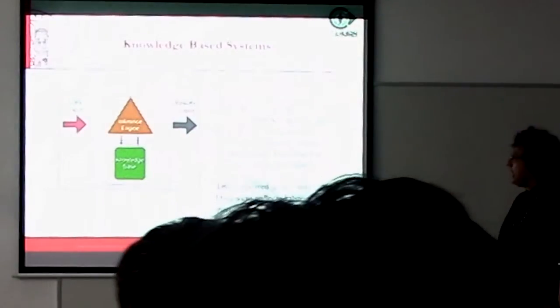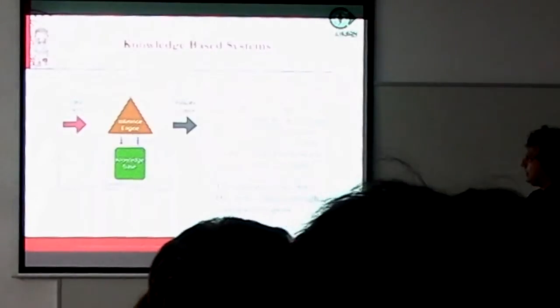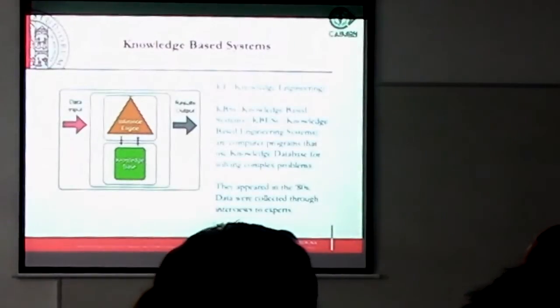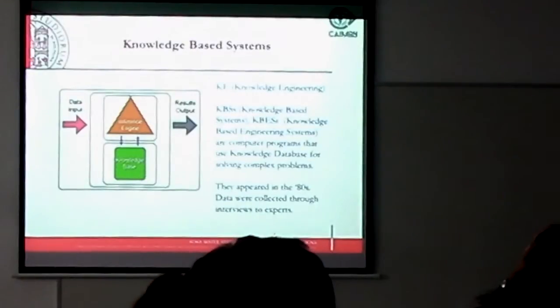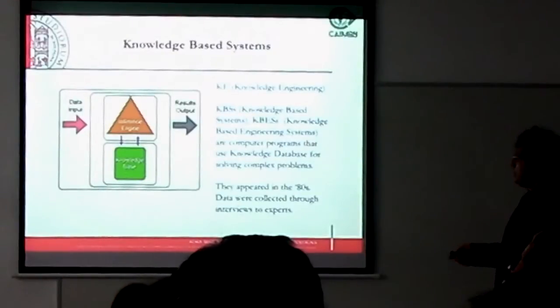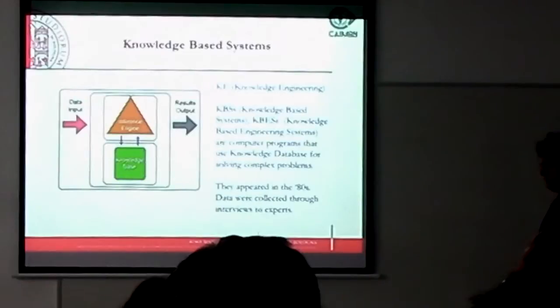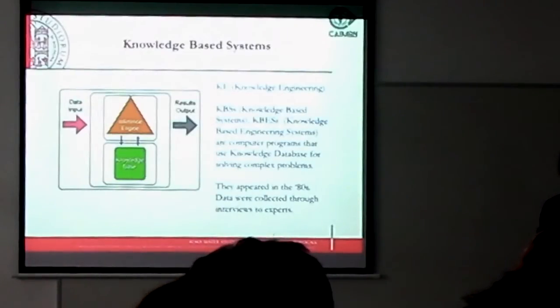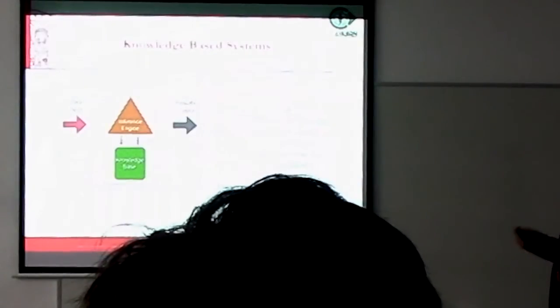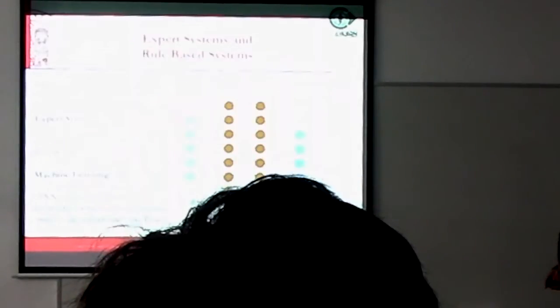A knowledge-based system is, again, as I already explained, data input, output, a knowledge base, and an inference engine. In this case, this paradigm already appeared in the 80s. It is based on a knowledge database, and there are several different applications and different acronyms also to describe this type of application: knowledge-based systems, knowledge-based engineering systems, and so on.